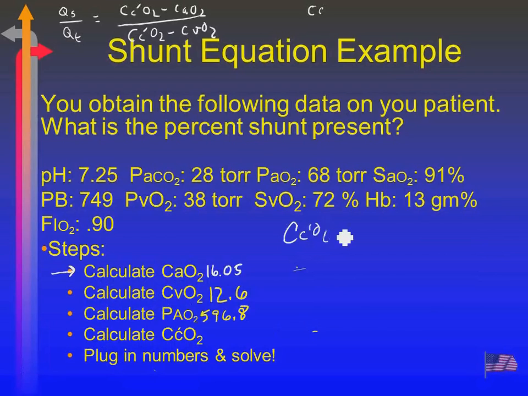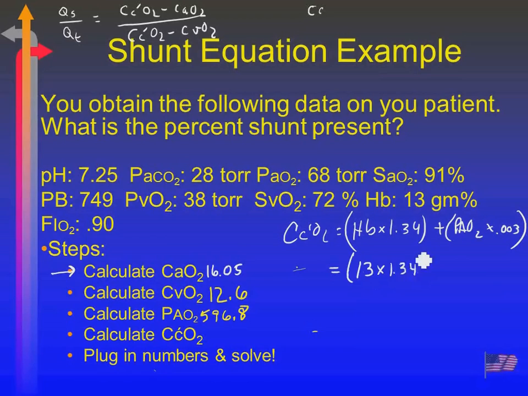CCO2. It's a little bit easier. Hemoglobin times 1.34 times 1 plus PaO2 times 0.003. So 13 times 1.34. Add to that 596.8 times 0.003.